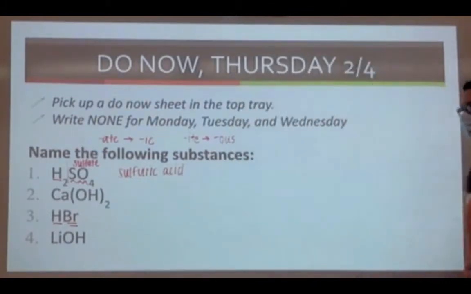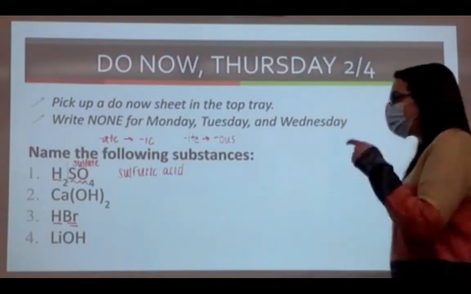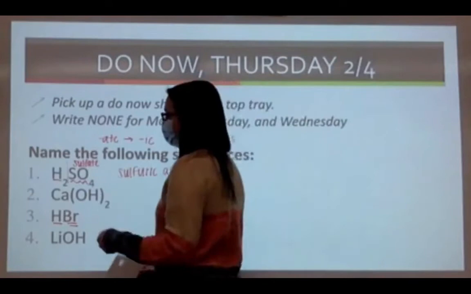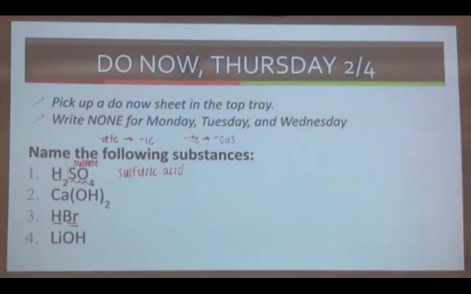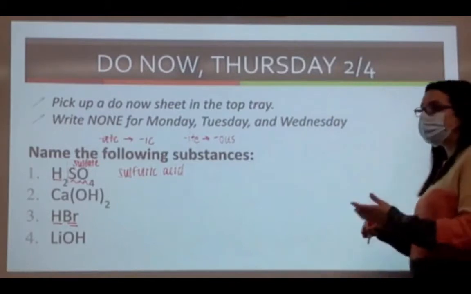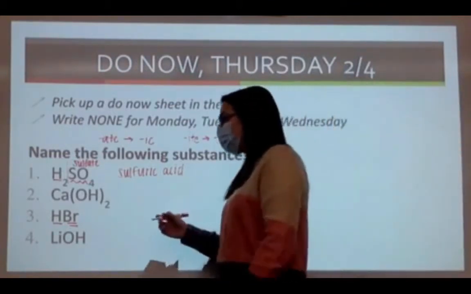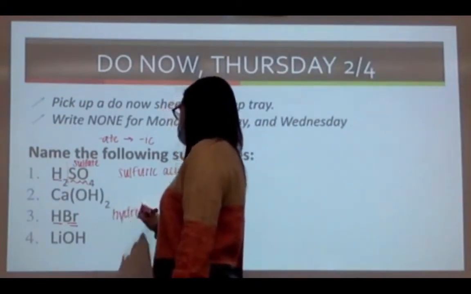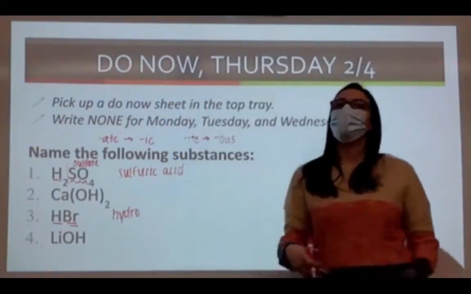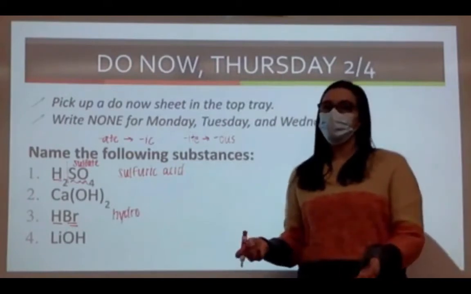It starts with an H, so we know we're going to have acid at the end of the name. When it's hydrogen and a single element, Br, Cl, I, F, S, you need hydro at the beginning. Think about HCl. Use HCl as the example. What's HCl?